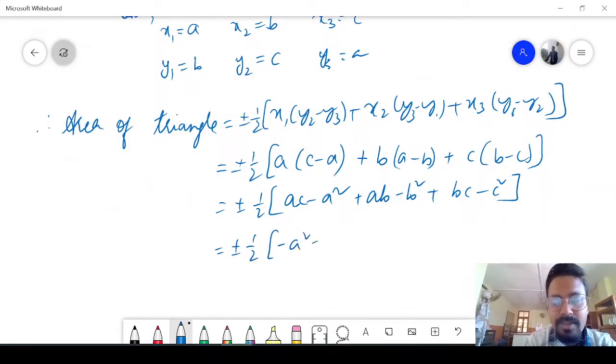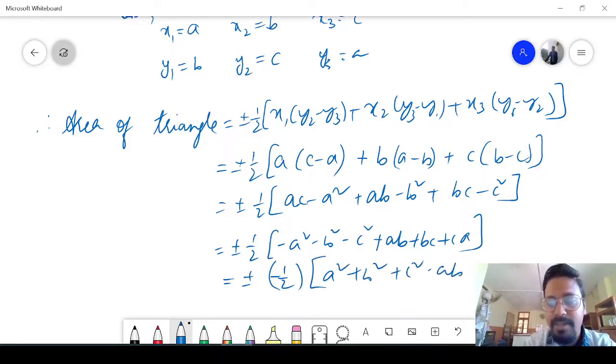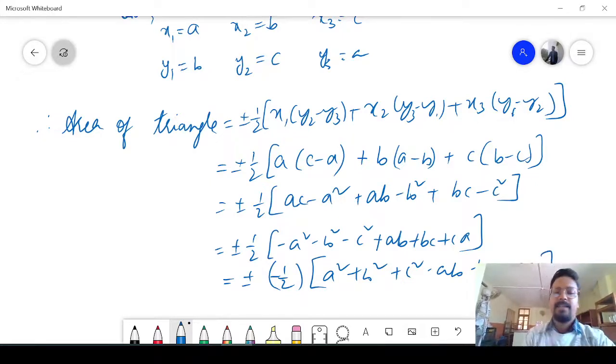So it is minus a square minus b square minus c square plus ab plus bc plus ca. We can keep it like this, or we can take minus common, so it becomes minus half into a square plus b square plus c square minus ab minus bc minus ca.